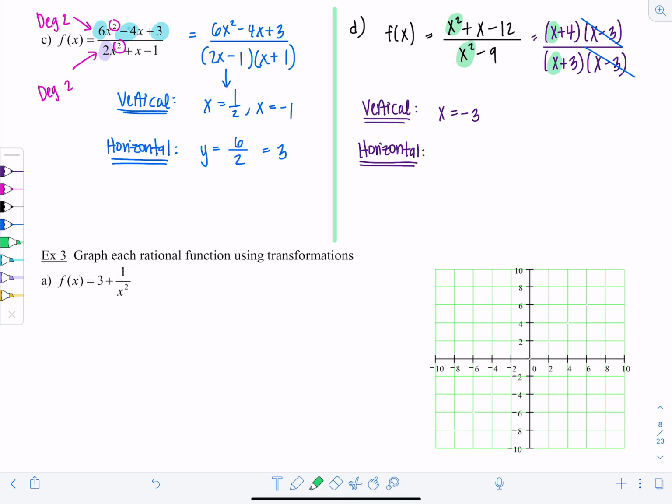Either way, they have the same degree. So you're going to divide the coefficients of the leading terms, which is 1 divided by 1. Same thing here if you did it with the reduced form. So y equals 1. Okay, do you see that? So x equals +3 is not a vertical asymptote. However, I do want to emphasize, what is the domain for f of x?